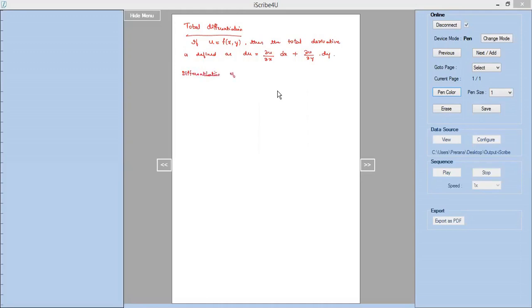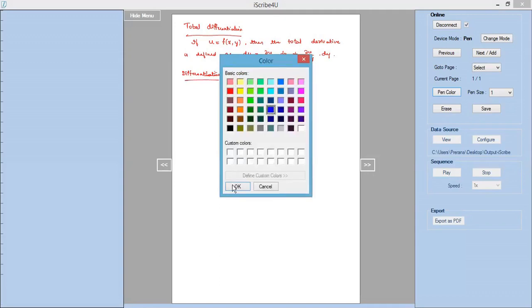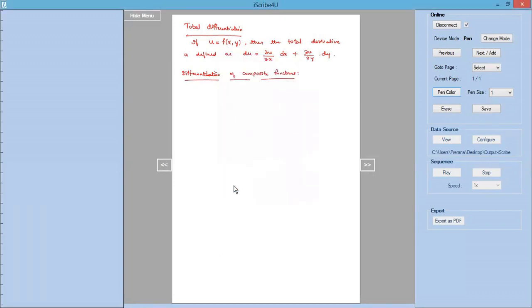Suppose u is a function of x comma y, where x and y are functions of independent variable t, then u is called the composite function of single variable t, and hence we can define du by dt using the formula dou u by dou x into dx by dt plus dou u by dou y into dy by dt. We'll just understand the same thing.